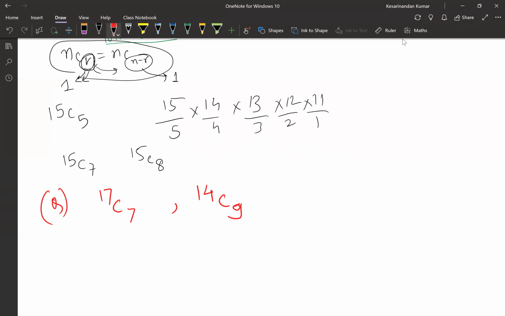Please calculate these values. You can use your calculators. I'm giving you 1.5 minutes. Chat box answers.